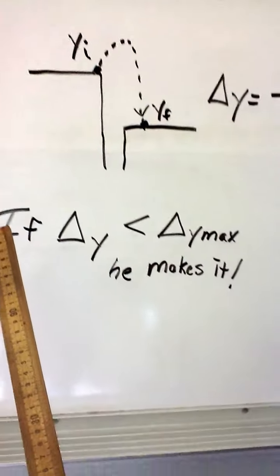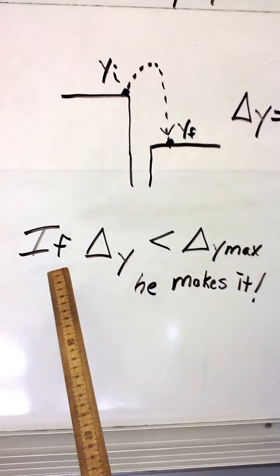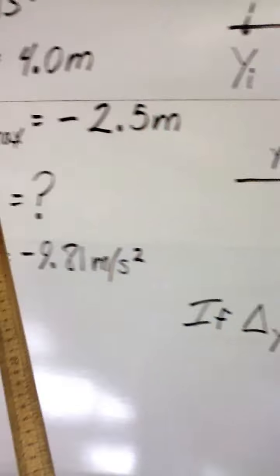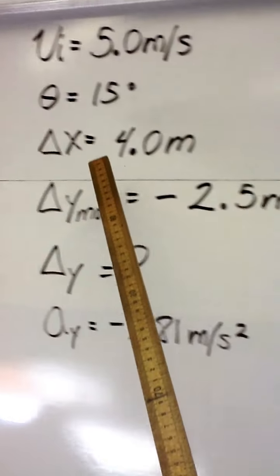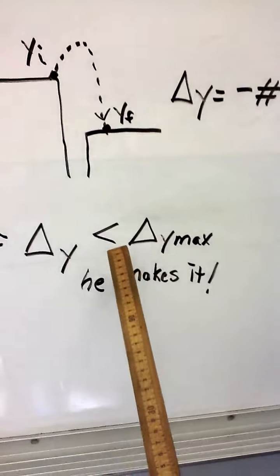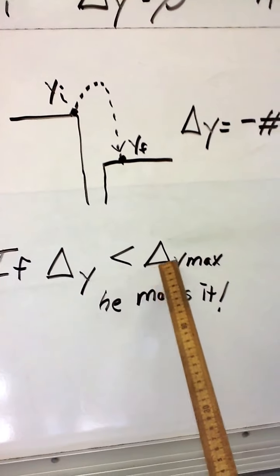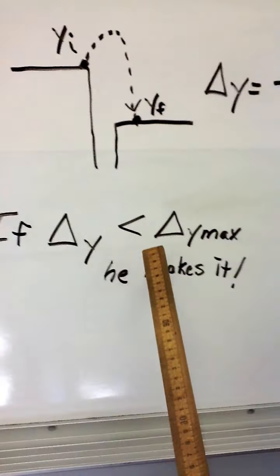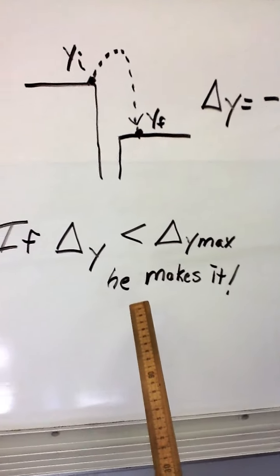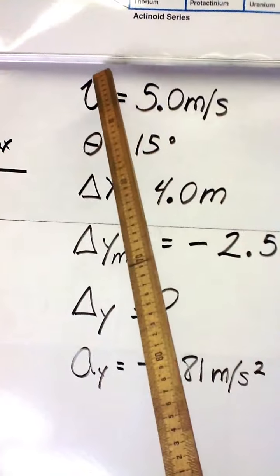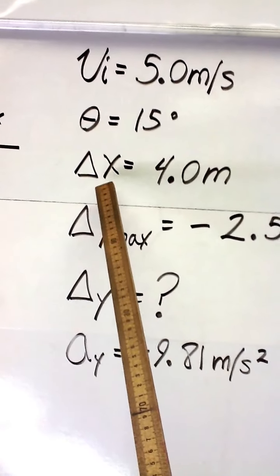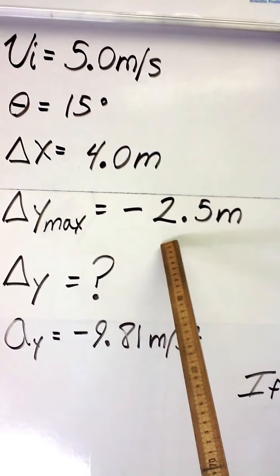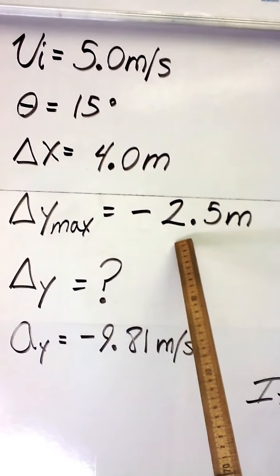So the key to getting this to work out is if your delta y, which we're trying to solve for with this particular problem, they gave us the y max, but if the y that you're going to be solving for in this problem is less than your maximum y, which is the height there, and I guess it's less negative if that's the way to look at it, then our stuntman's going to make it, okay?